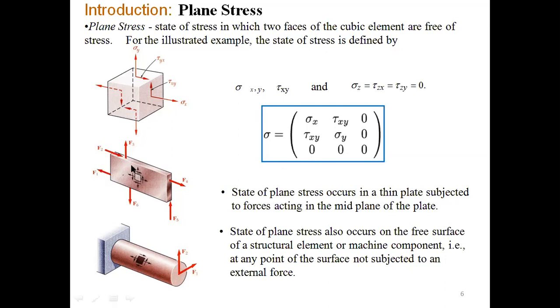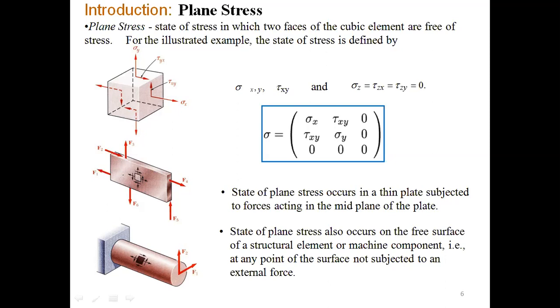Similarly, here you could see that this is a thin sheet, and the loading is along the thin sheet. There is no loading on this face or surface. The loading is only along these faces. So this is the problem of 2D stresses, or plane stress.